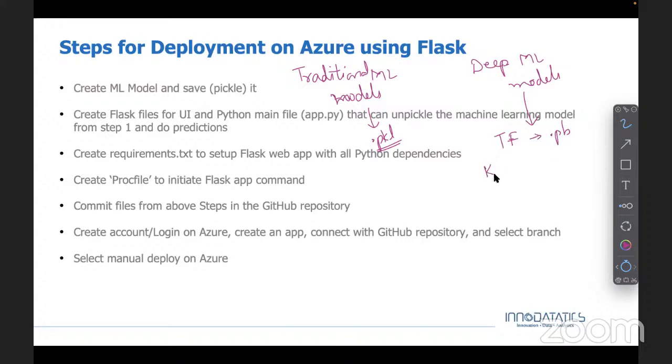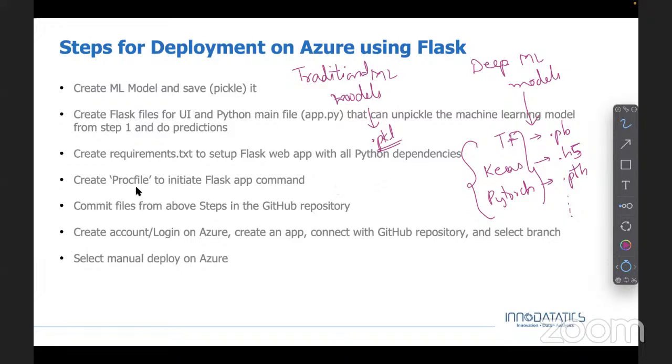If you use Keras, you will have the model in .h5 or .hdf5. If you use PyTorch, I think it's .pth. So there'll be different formats depending on which framework or model you actually use. And then you create the requirements.txt to set up the web Flask application, wherein you'll mention all the Python dependencies, etc.